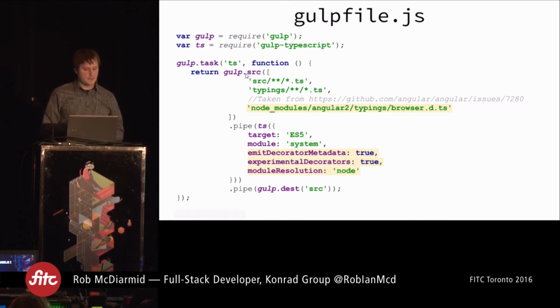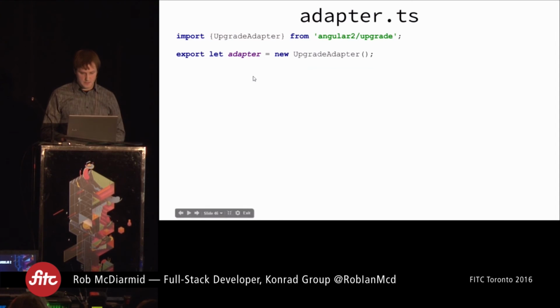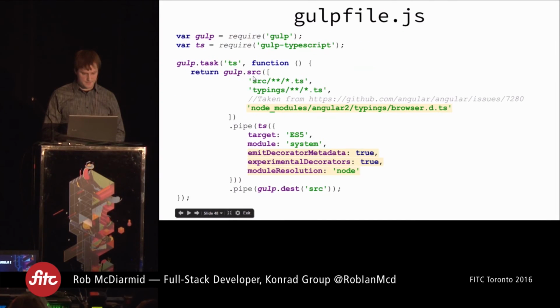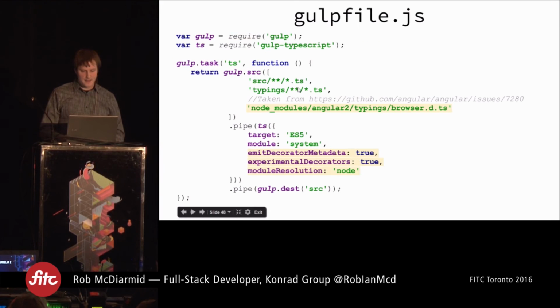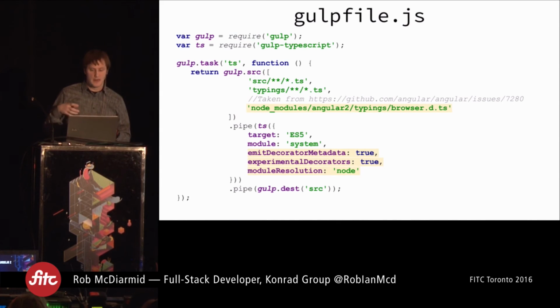And in my gulp file, there's a few things I need to change to make this start working with Angular 2. First of all, I need to include this browser.d.ts file. This is going to add a bunch of TypeScript type definitions for ES6 syntax that Angular 2 uses internally.